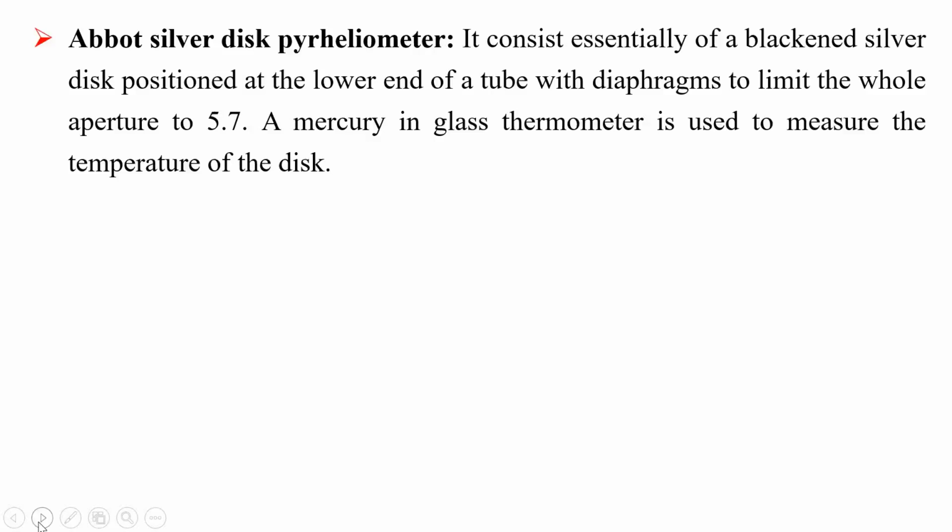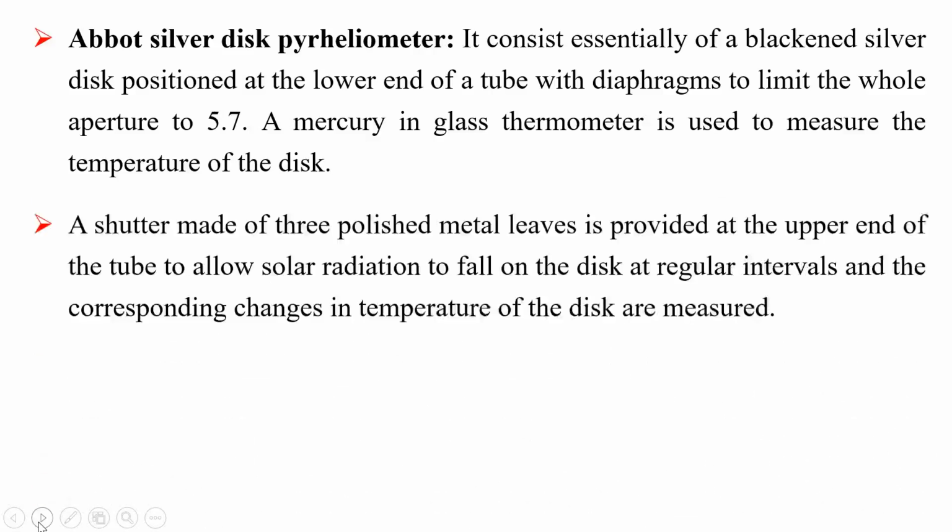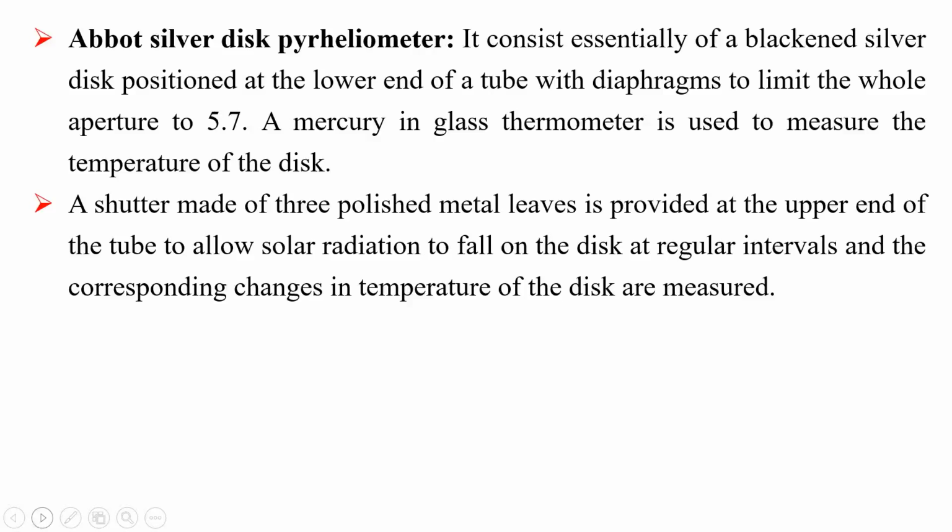A mercury in glass thermometer is used to measure the temperature of the disc. A shutter made of three polished metal leaves is provided at the upper end of the tube to allow solar radiation to fall on the disc at regular intervals, and the corresponding changes in temperature of the disc are measured.